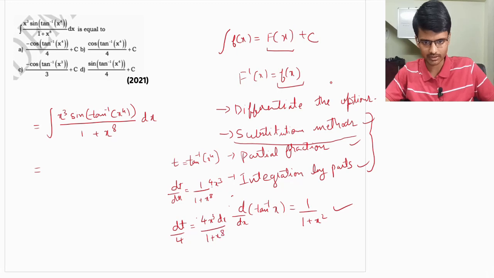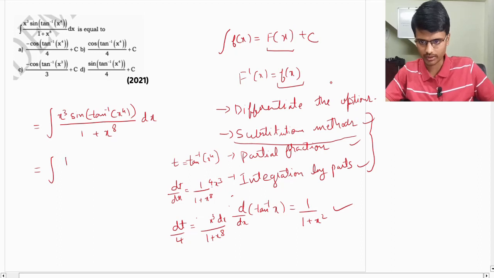Sorry, this is just x cube dx by 1 plus x power 8, which is dt by 4. So I can replace that here, right? If I replace that, what do I get? I get 1 by 4 sine t dt, on replacing by the substitution method.